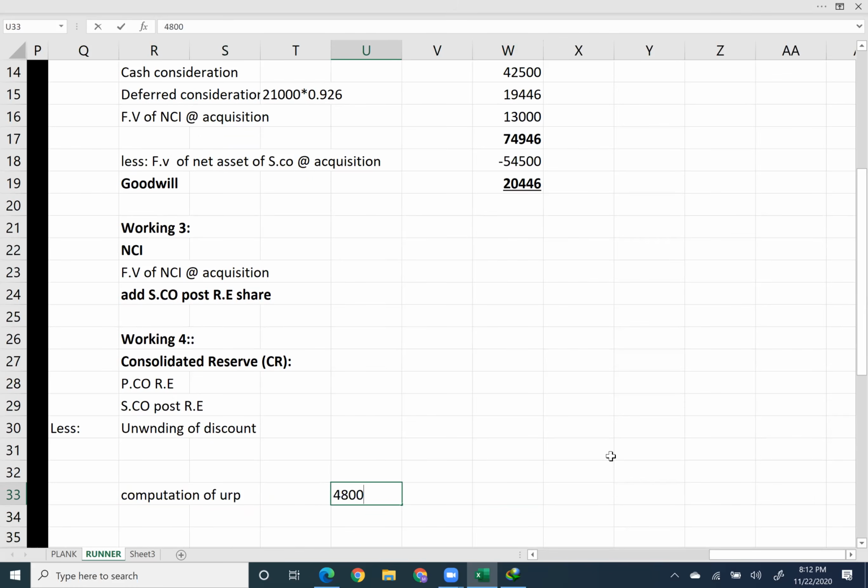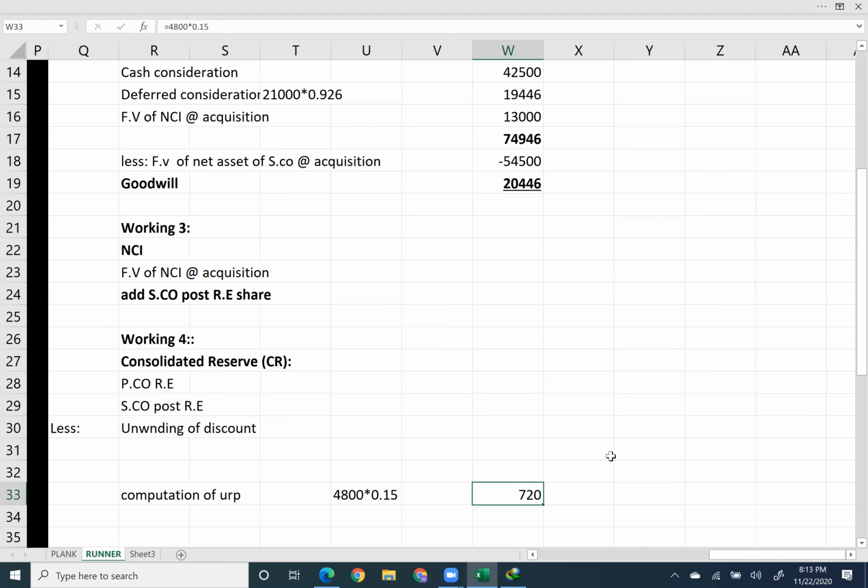It's 4800 times 15%, 0.15. So you can do it here, equal to 4800 times 0.15. See, this is your URP. 720 is your URP.